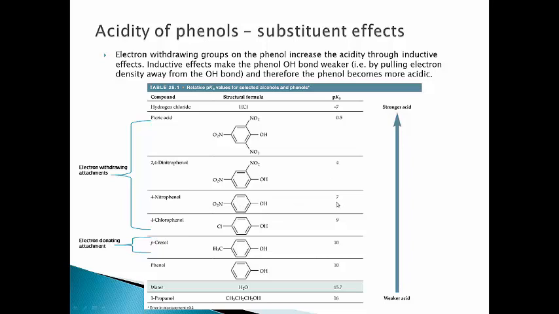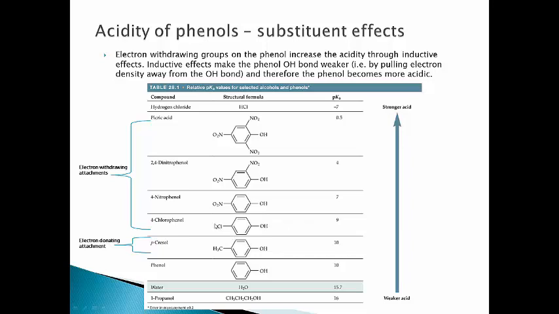So NO2s are very electron withdrawing compared to chlorine. They're slightly more electron withdrawing than chlorine. Chlorine still, as we know from last week, is electron withdrawing. They're very good for that. So you can see there's only a slight difference in the pKa, but it is a substantial difference.